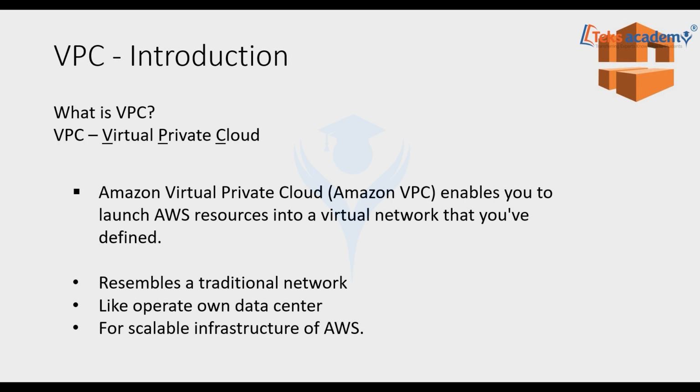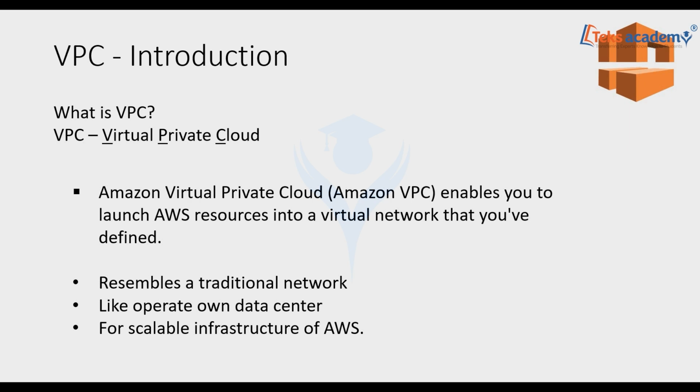That means that within the AWS architecture, we will be creating a virtual network. In this virtual network, we can create a virtual data center. In this virtual network, we can then create or launch our resources, and we can scale them up or down based on the requirement.